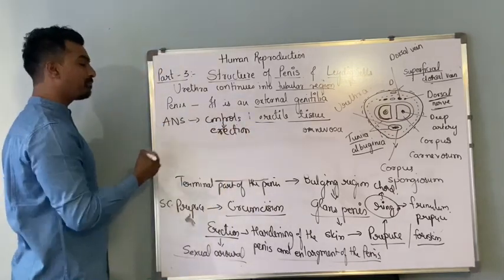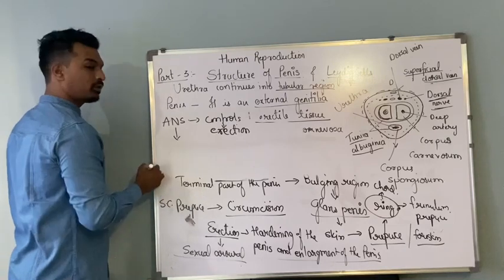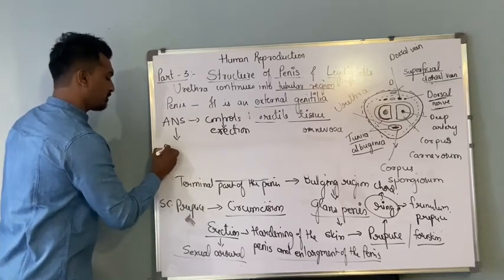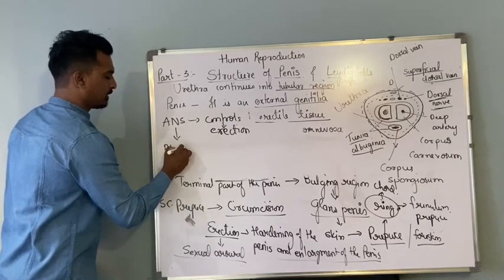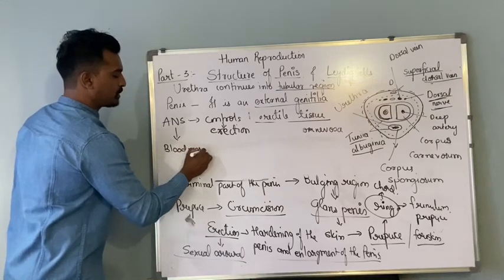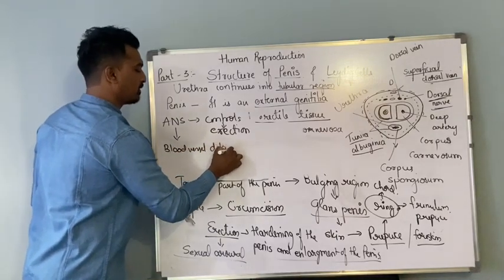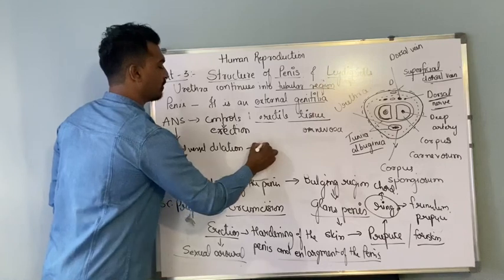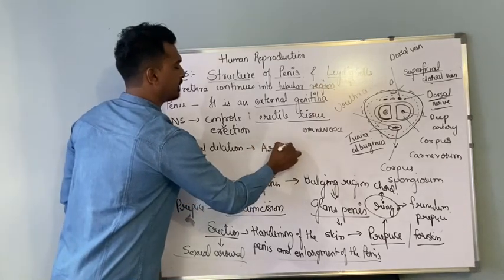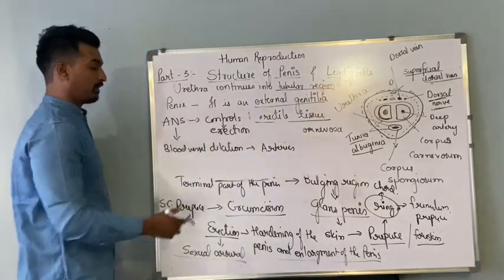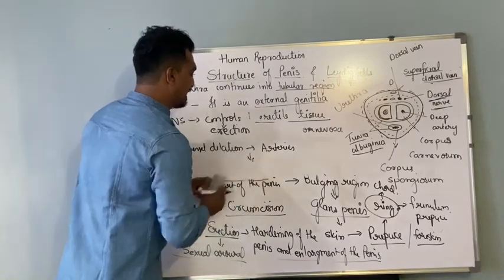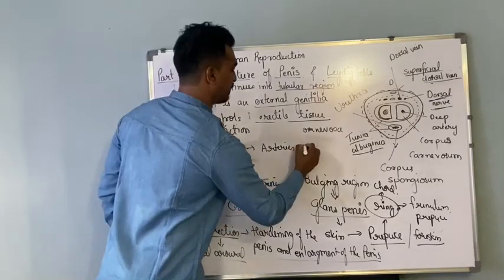What happens in this condition? The autonomous nervous system causes blood vessel dilation. The arteries get dilated, and due to this there is an increase in the flow of blood.